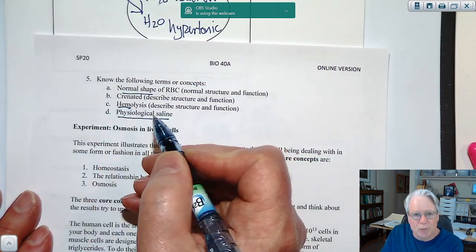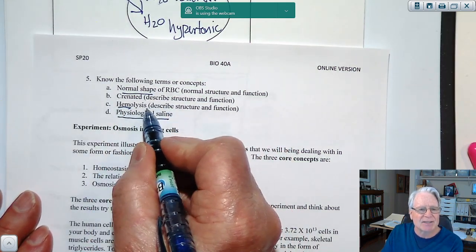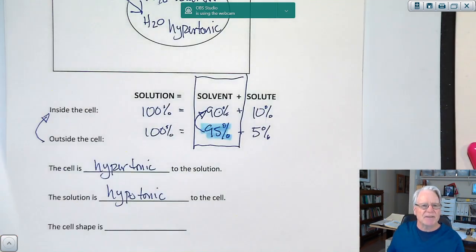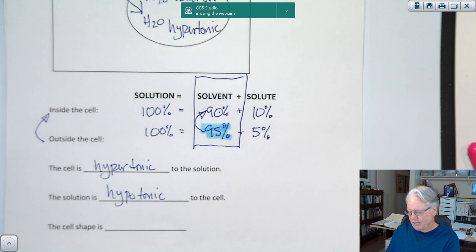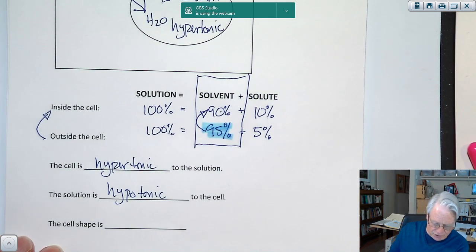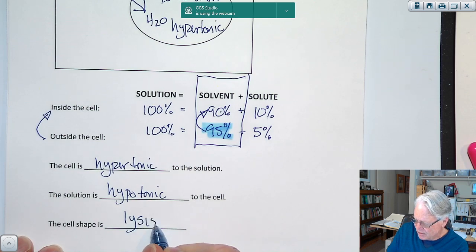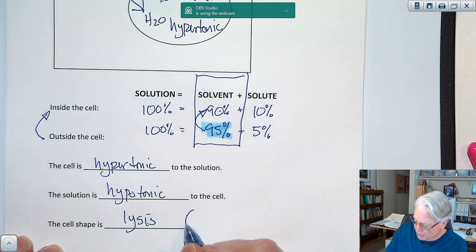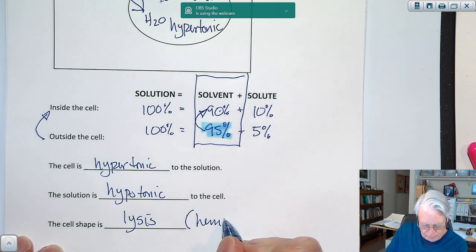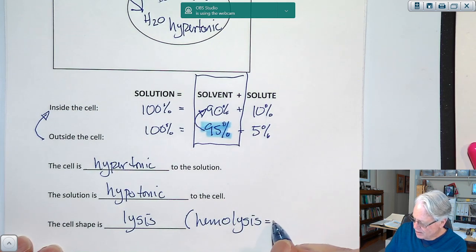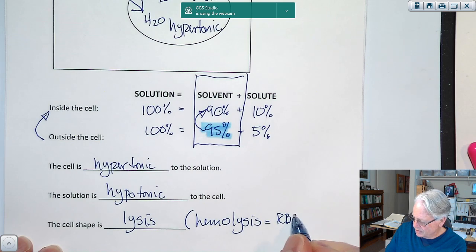Hemo refers to red blood cells. Lysis is to break apart. Okay? So if you're talking specifically about red blood cells, then you can use the term hemolysis. If you're talking about any other cell, it's lysis. Red blood cells.